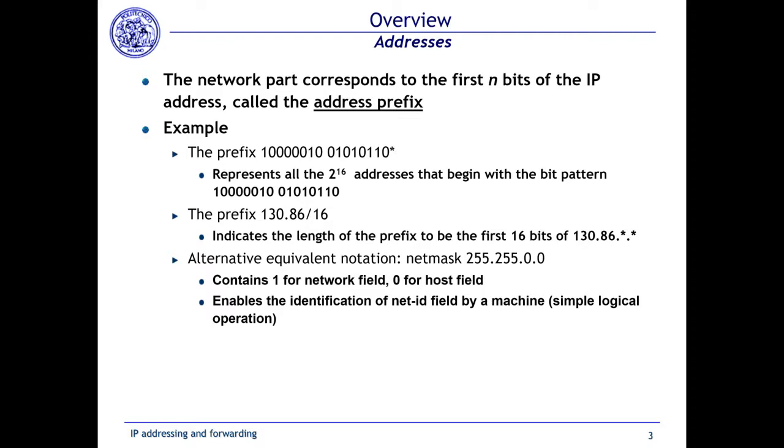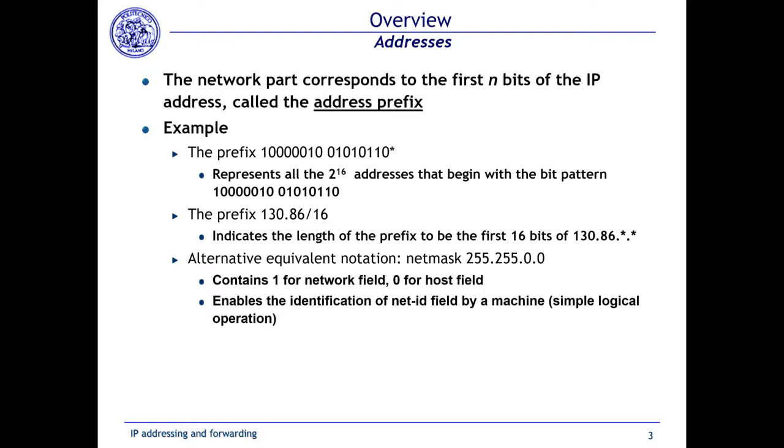The net mask is always composed initially of a set of bits with logical value 1, and then at a certain point the logical values 1 stop, and you start with the logical value zeros. So the net mask, in binary form, is always a set of ones followed by a set of zeros, for a total of 32 bits.